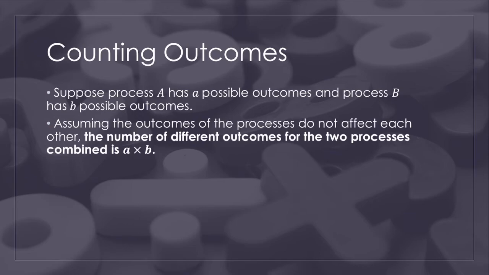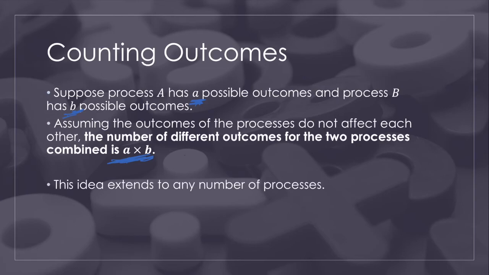Then, assuming the outcomes of the processes do not affect each other, so they're independent, like flipping a coin and rolling a die, the total number of different outcomes for the two processes would be the number of outcomes in A times the number of outcomes in B. This can extend to any number of processes. I could roll 20 dice. Okay, that'd be a lot. I could flip 2 coins. I could flip 7 coins. We could figure out the total number of outcomes by multiplying the possible outcomes together.